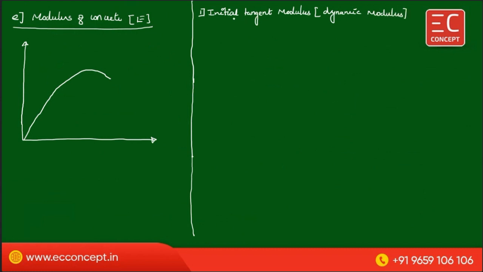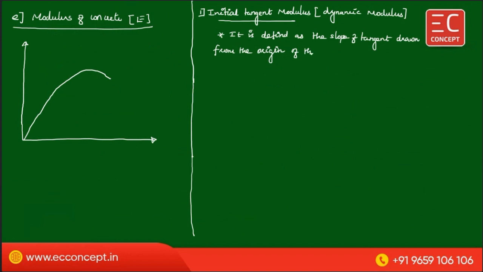It is defined as the slope of the tangent drawn from the origin of the graph.